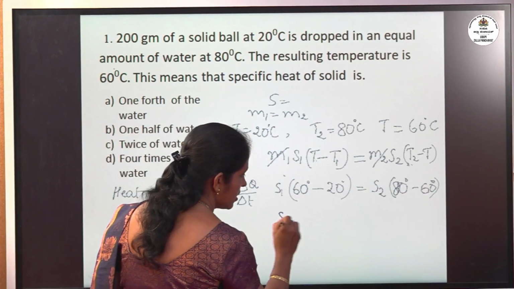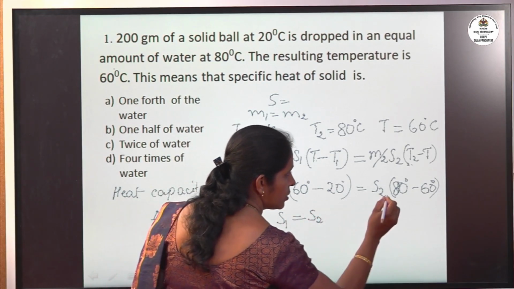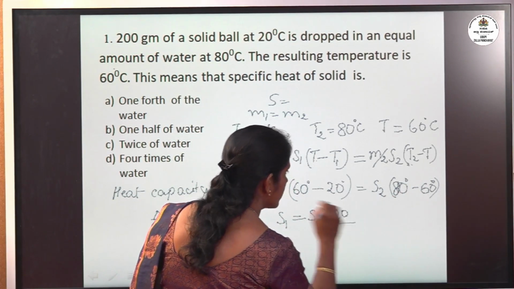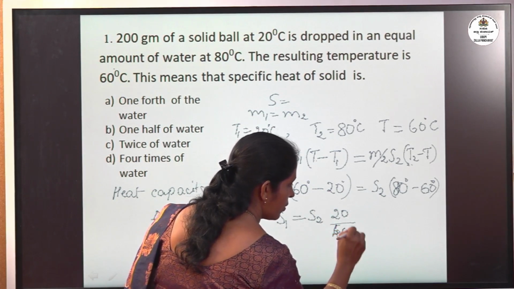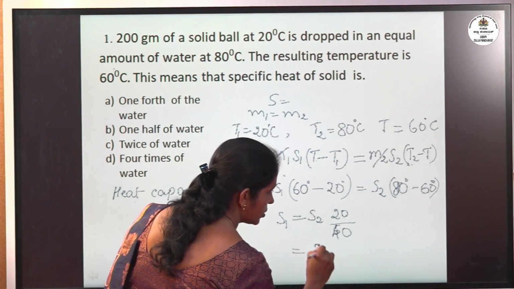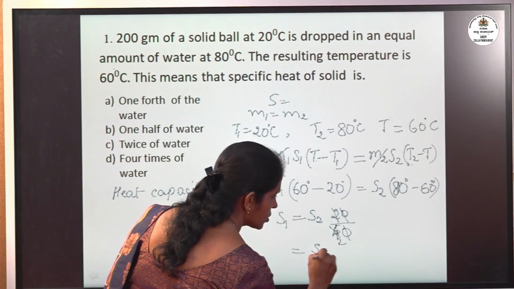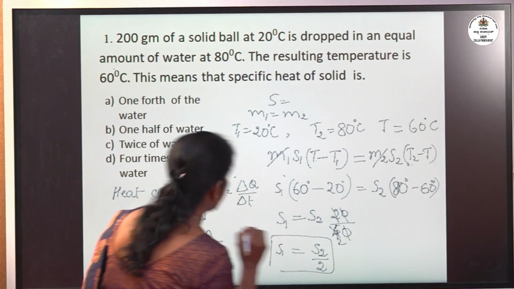Rearrange the equation, calculate S1. S1 is equal to S2 into 80 minus 60 is 20 divided by 60 minus 20, that is 40. Or this is equal to, cancel this, we have S2 by 2. S1 is equal to S2 by 2.